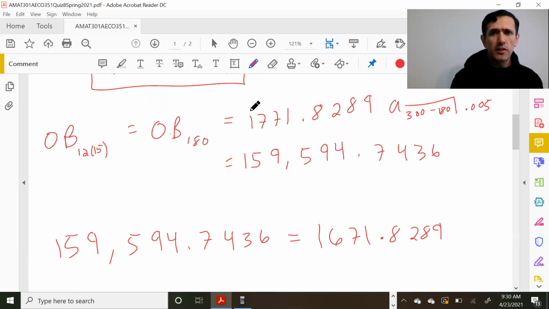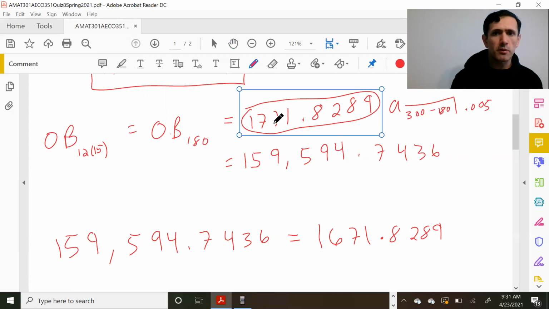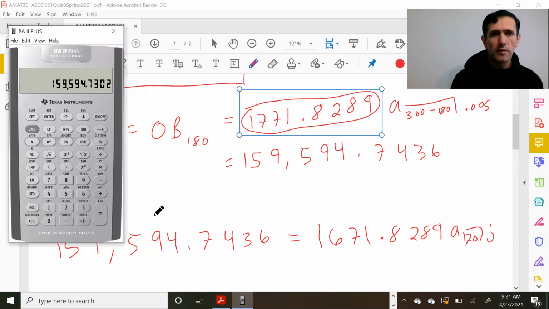Again, it's this here minus 100. These are my original payments here. It's a 10-year mortgage, so it's 120 months. We don't know what the interest rate is, so let's go figure it out.